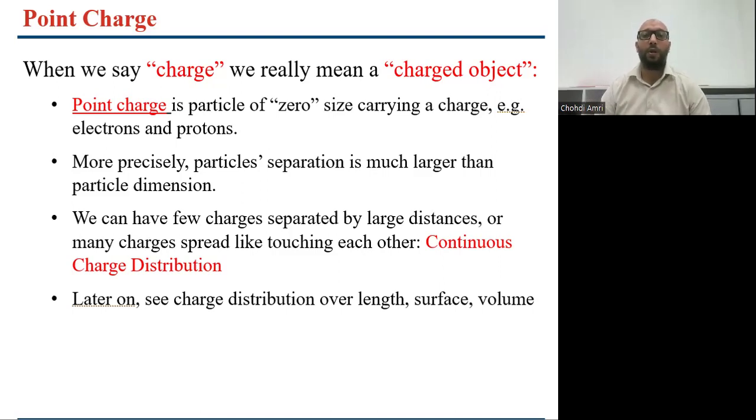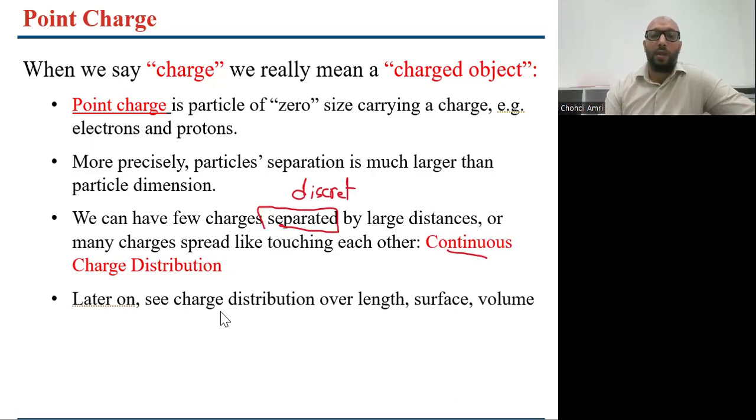In the first case, when they are separated by a large distance, we talk about discrete charge distribution. In the second case, we talk about continuous charge distribution. Later on, we will see the distributions over the length, the surface, and the volume, and we will talk in more detail about the continuous charge distribution.